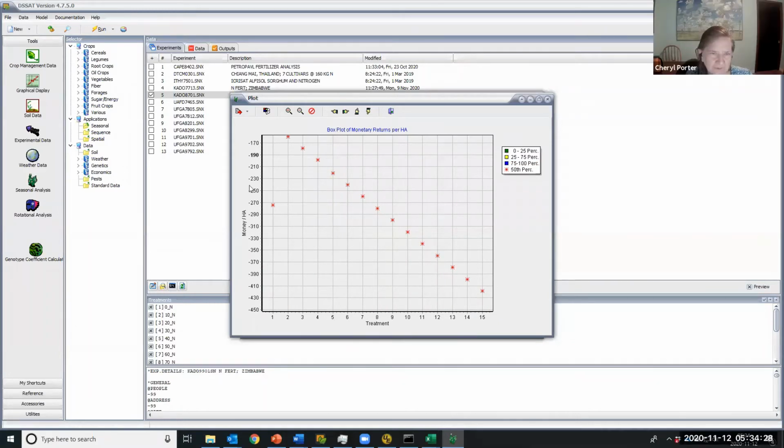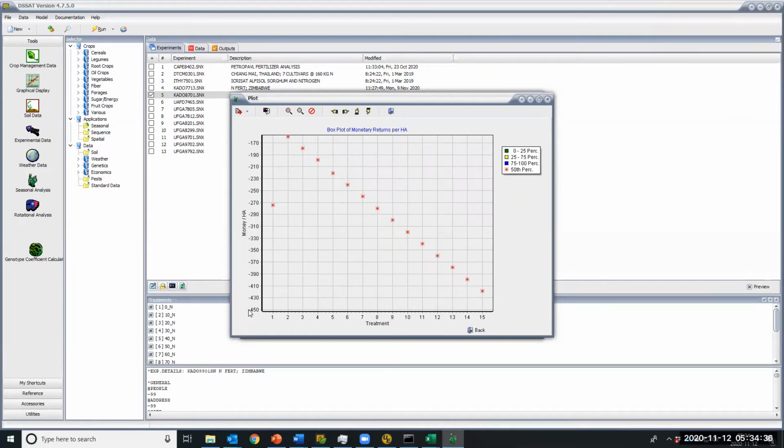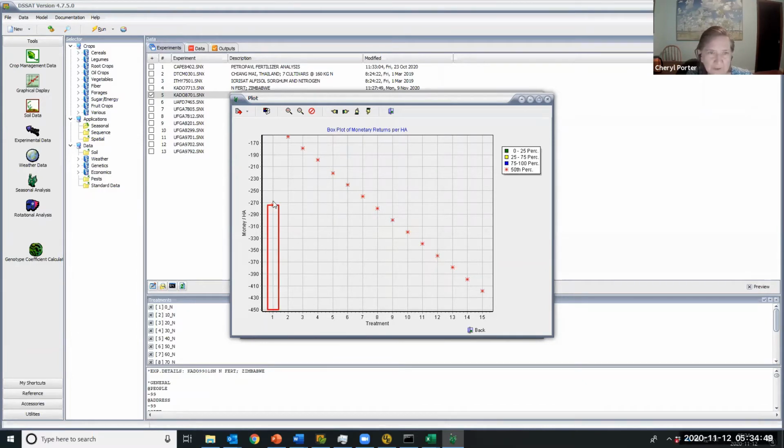One thing to notice on this is that all of the numbers on the profit axis are negative. So in this particular year, it doesn't matter what this poor farmer does, they're going to lose money.